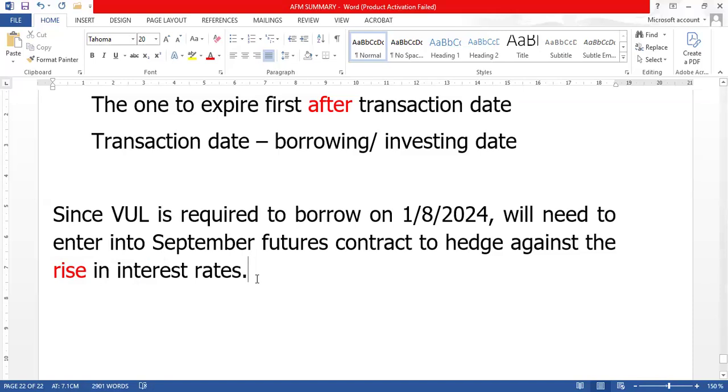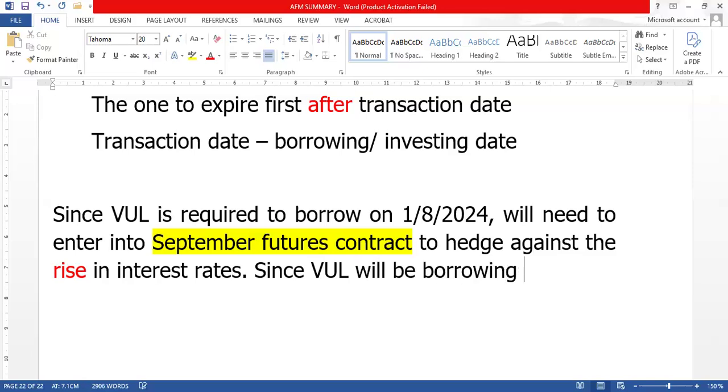Now, after putting this, you know that you are entering into September futures contract. What does that one mean? It means that since VUL will be borrowing, it will enter.